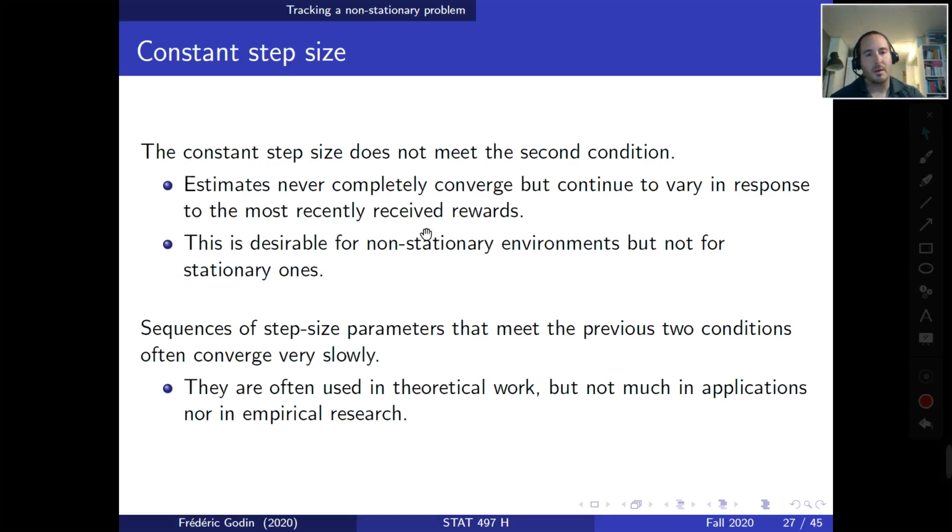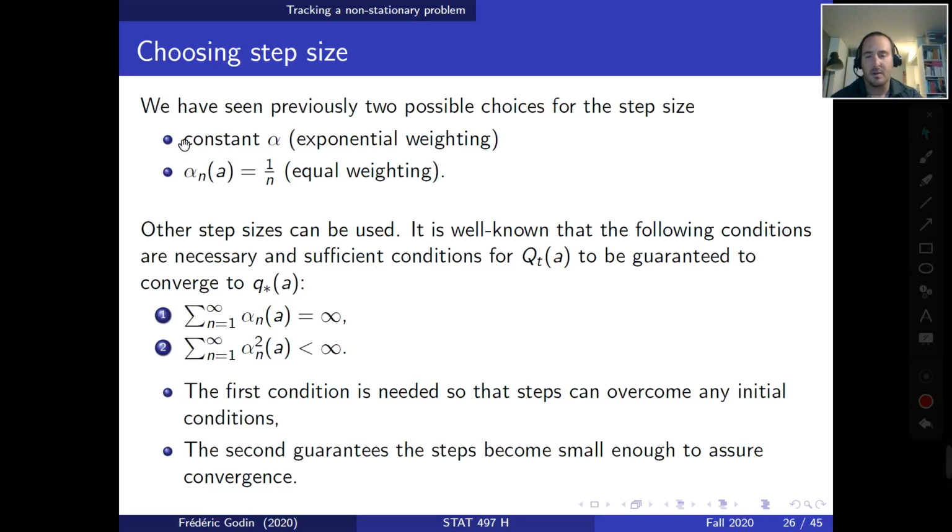Okay, so one question we have to ask ourselves is, I'll go back one slide, the two schemes we've presented, do they meet these conditions? Clearly the constant step size case does not meet the first condition. If you sum alpha, a constant, from time 1 to infinity, of course this series will diverge. So in that case, you will never converge to the true value.